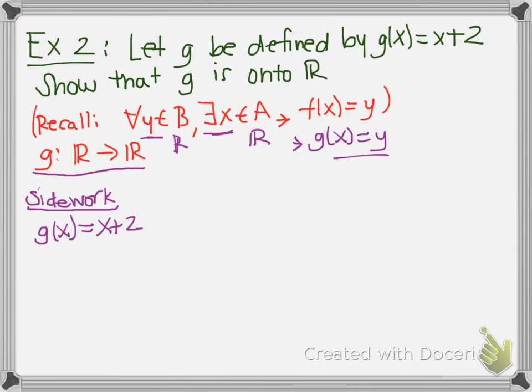Since this is our side work, we don't have to worry that this is what we want to prove; we can use that to our advantage. We know this is where we want to go. So let's see what X has to be. If G of X equals Y, then for our side work we can rewrite G of X equals X plus 2 as Y equals X plus 2. And now we need to solve for X.